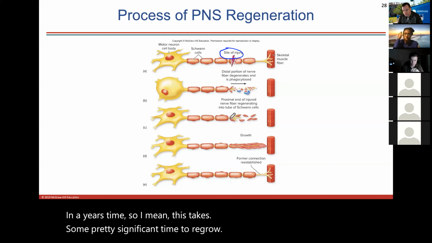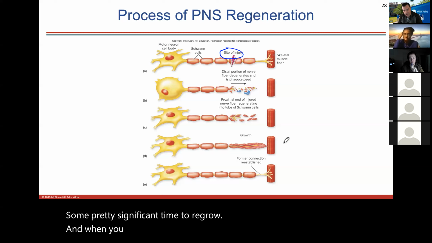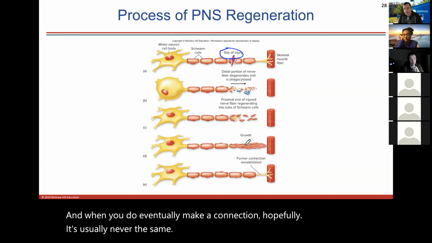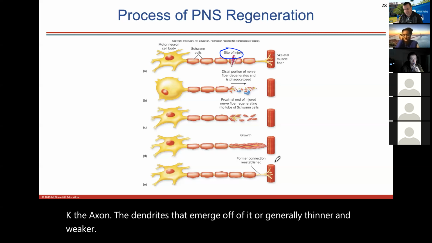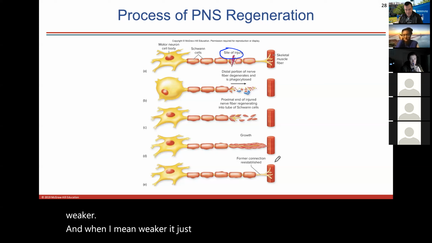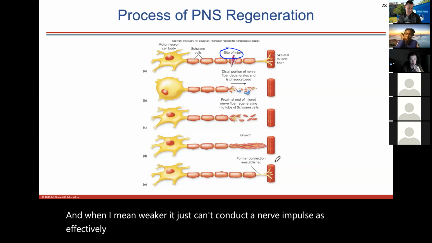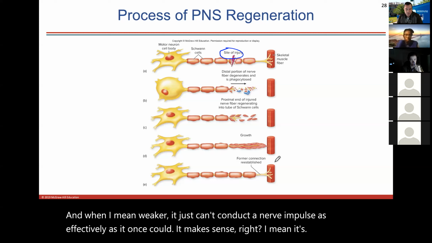And when you do eventually make a connection, hopefully, it's usually never the same. Okay, the axon and the dendrites that emerge off of it are generally thinner and weaker. And when I say weaker, it just can't conduct a nerve impulse as effectively as it once could. It makes sense, right? It's fibrotic damage that occurs with any type of injury.